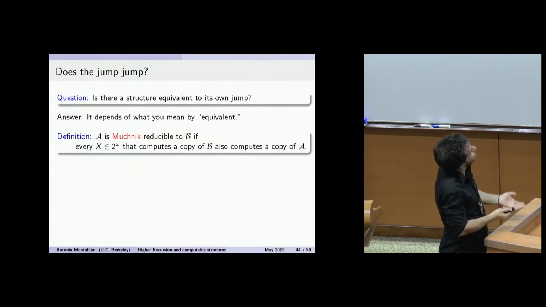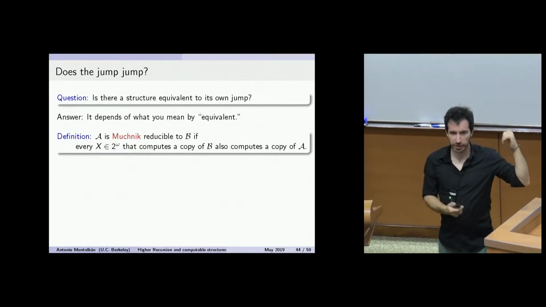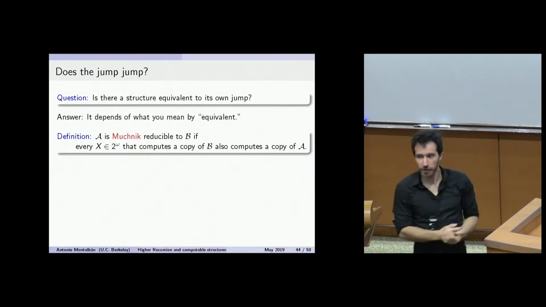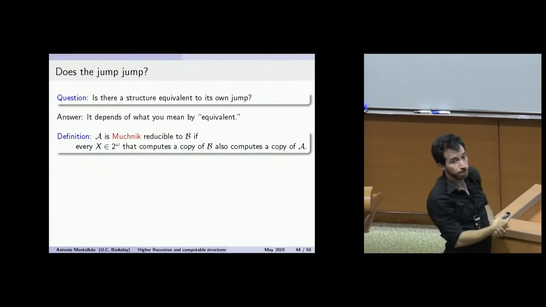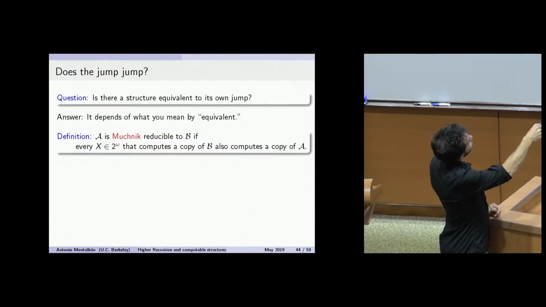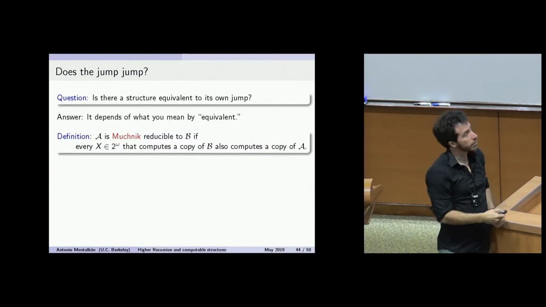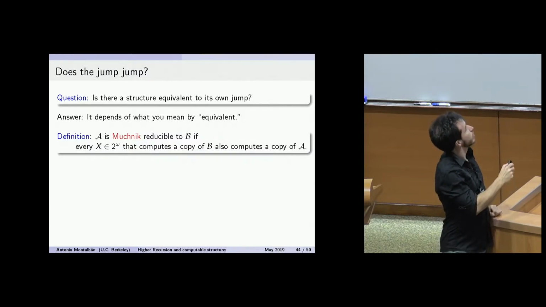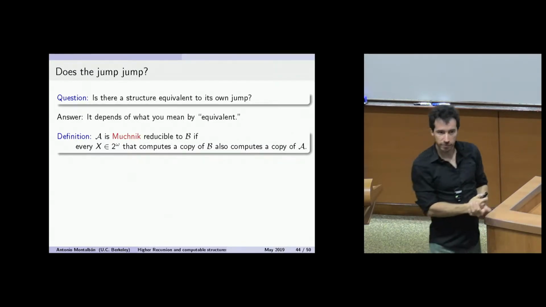The first one that comes up: you say that a structure A is Muchnik reducible to another structure B if whenever you have a real that computes a presentation of B, it also computes a presentation of A. This is the same thing as saying that the degree spectrum of A is Muchnik below the degree spectrum of B, in terms of sets of reals.